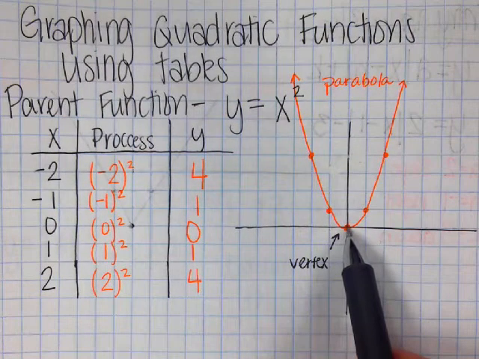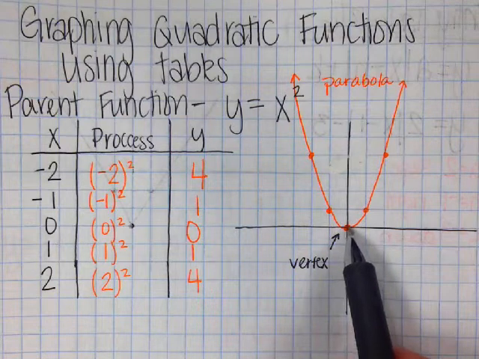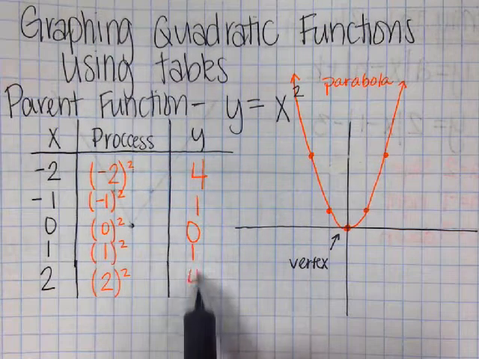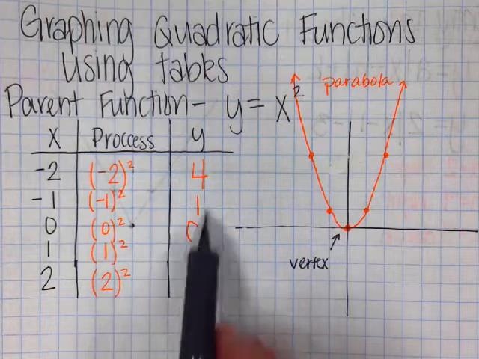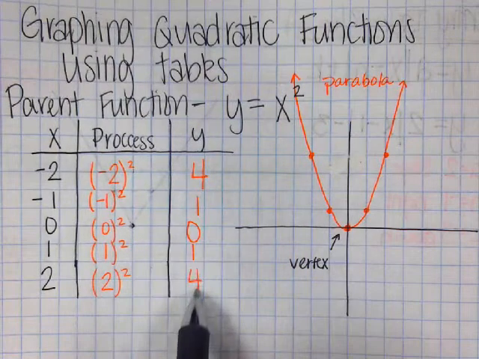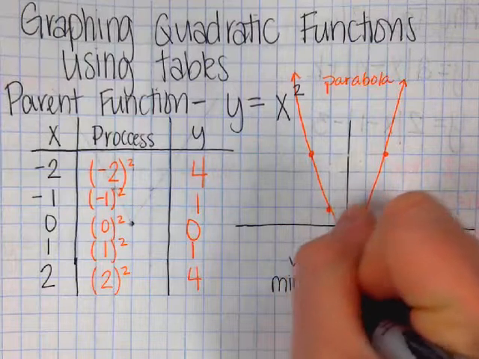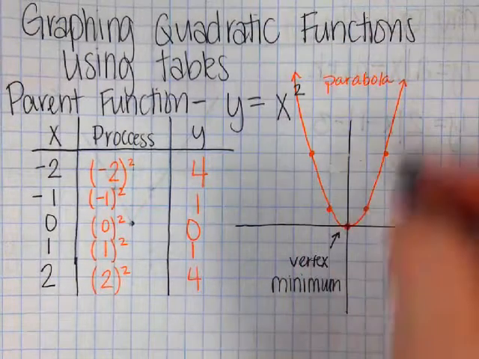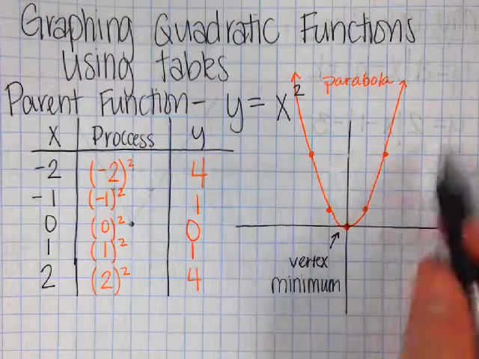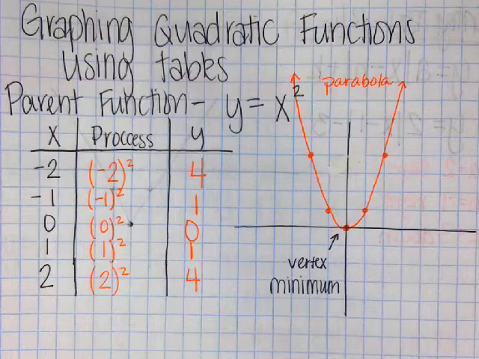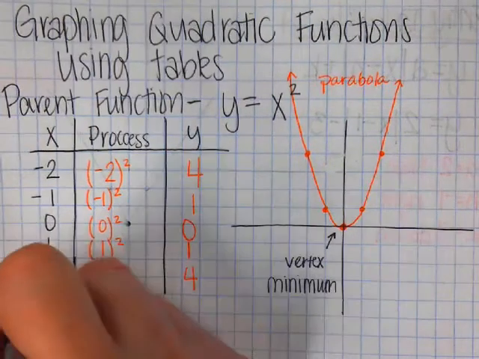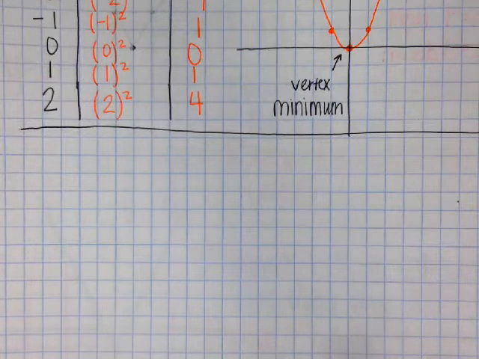And then if we think about this, the vertex is at 0, 0. Is that a minimum or a maximum? Is it the lowest value in the y values, or is it the highest value? Well, it's the lowest, so it's a minimum. Or it's the lowest point along the whole graph. Okay, so that's the first example I wanted to do.